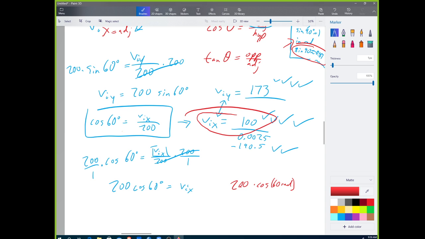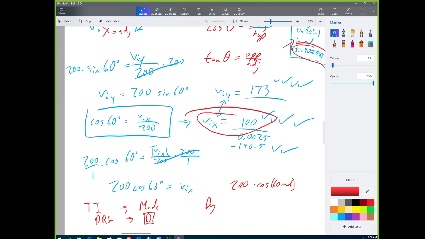If you need help switching your calculator to degrees, because we're only using degrees in this class, radians is only a math topic, then let me know what calculator you have. There's a couple things. If you have a TI, usually you want to go to mode. If you have a DRG button, you want to make sure the D is highlighted.